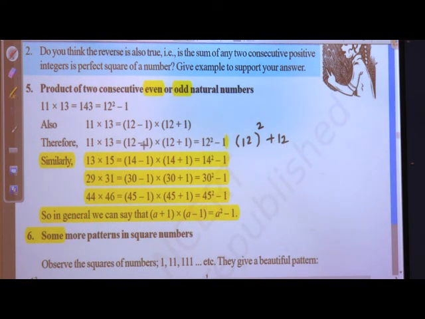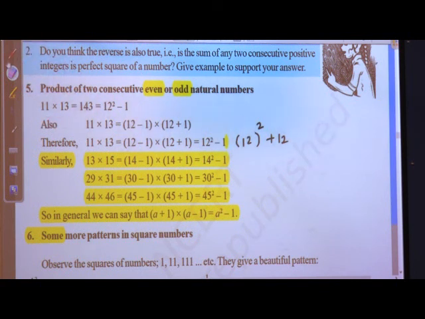Now let us take minus 1 and multiply it to the bracket. First we multiplied by 12 to the second bracket. Now we are multiplying by the second term in the first bracket, that is minus 1. Minus 1 into 12 is minus 12.